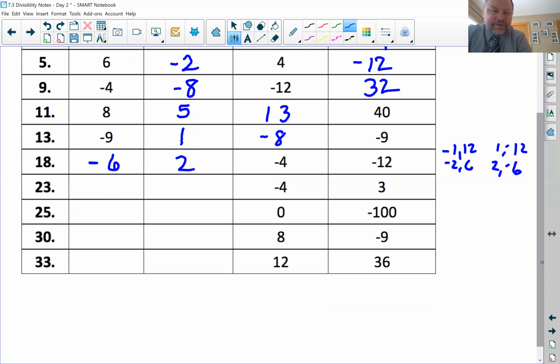I need two numbers that add to a negative and multiply to a positive. So now I know both of my numbers have to be negative. And they have to multiply to 3. Well, if they both have to be negative, start with -1 and -3. And if I add -1 and -3, I do get -4.